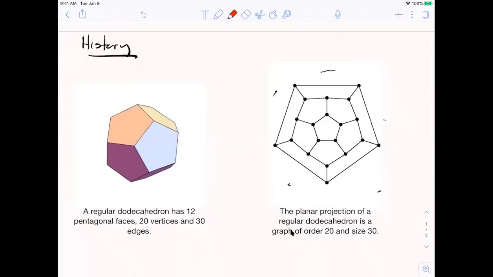So let's start up here, say, at this vertex. You can see where I'm coloring it. And then let's start making our way around. I'm just going to travel. I don't claim there's a unique Hamiltonian cycle in this graph. I'm not interested in hitting every edge. Remember, that's the Eulerian business. I'm interested in hitting every vertex.